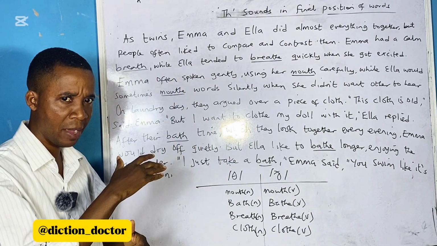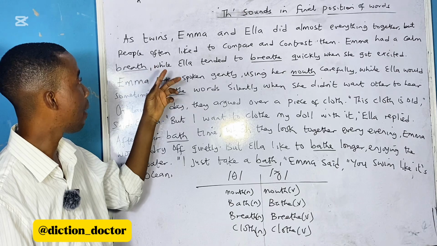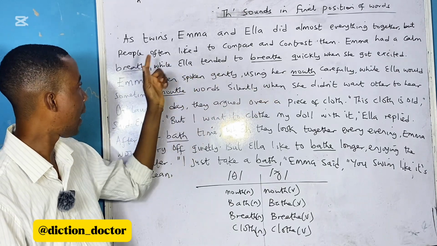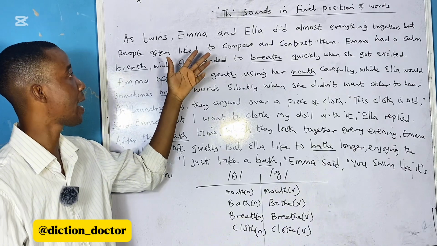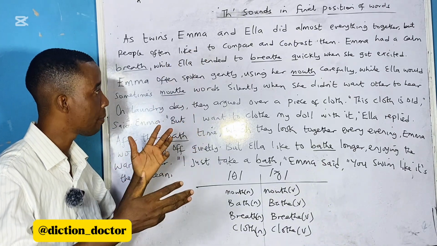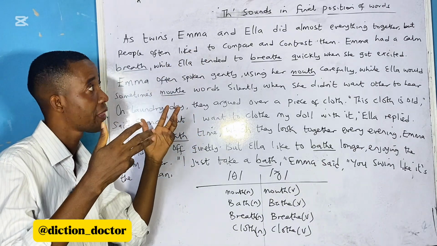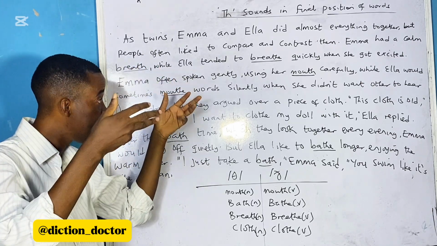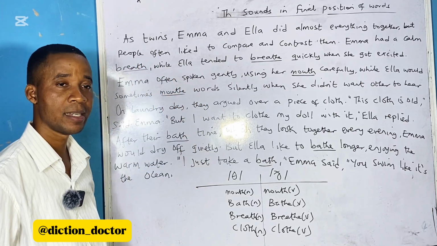So can we read the first paragraph together? As twins, Emma and Eller did almost everything together, but people often like to compare and contrast them. Emma has a calm breath, while Eller tended to breathe quickly when she got excited.